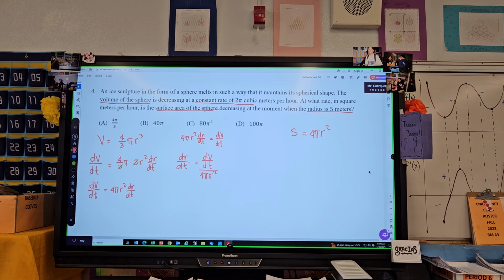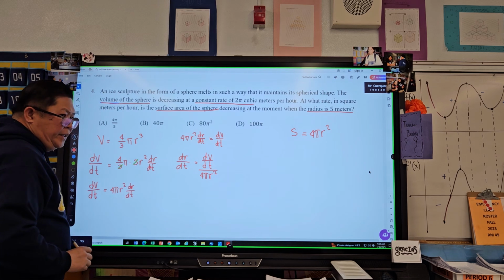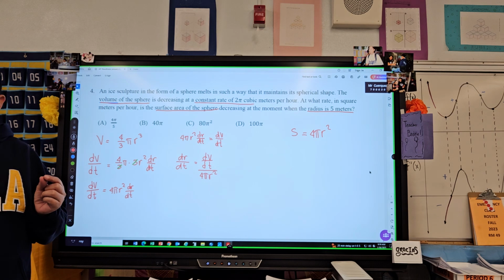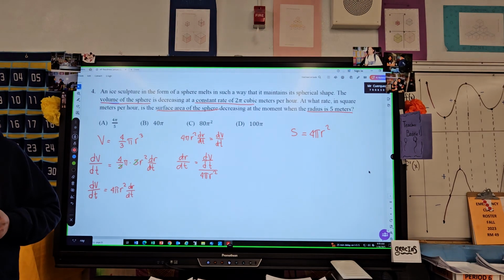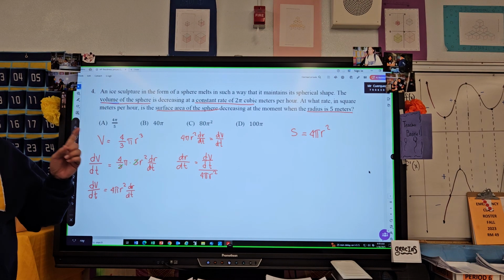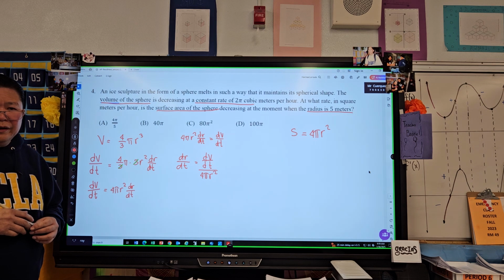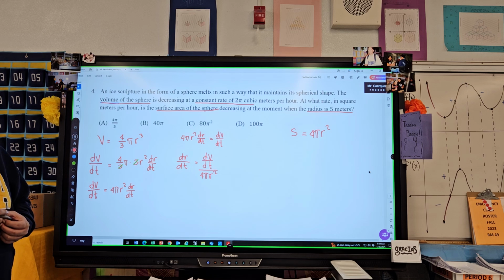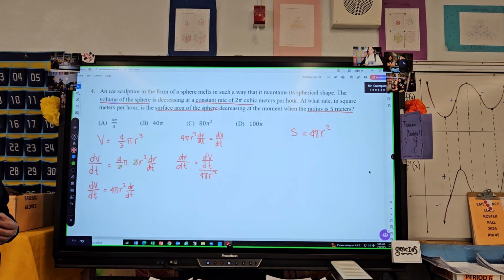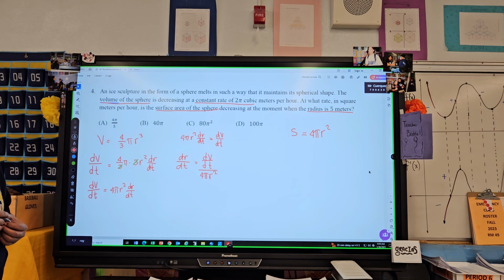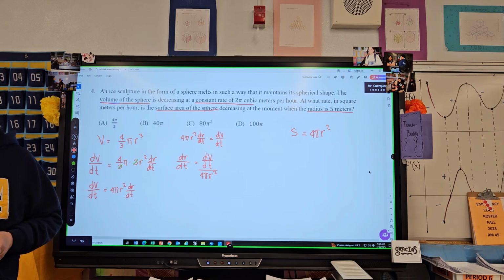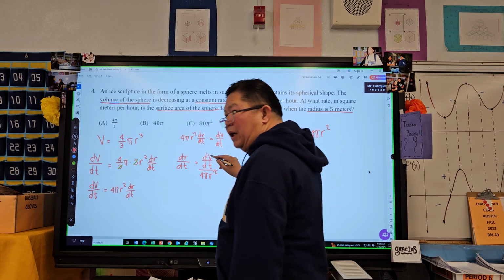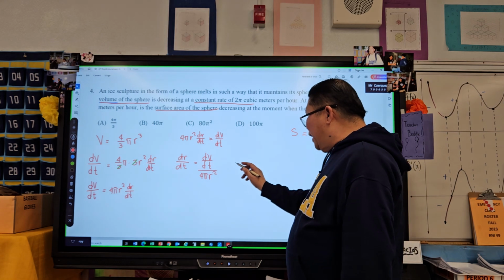But is dV dt given? What is dV dt? It is the rate of the volume, right? Is the rate of the volume given? What is that rate of the volume given? Say it. 2 pi. Very good. So the rate of the volume is given as 2 pi.